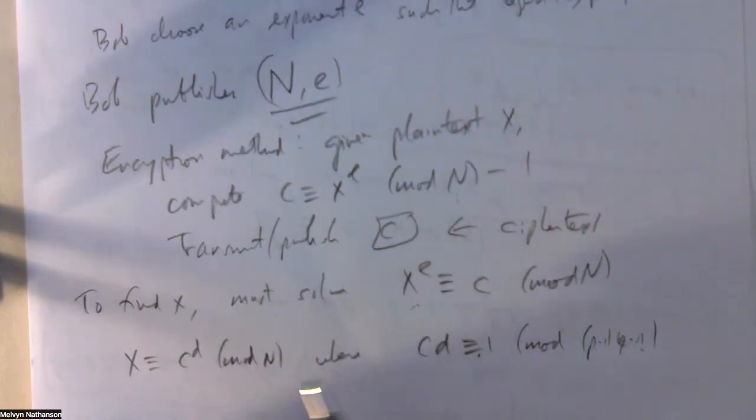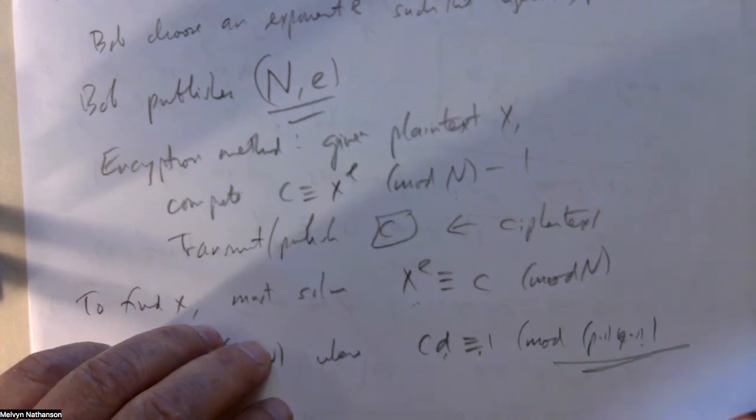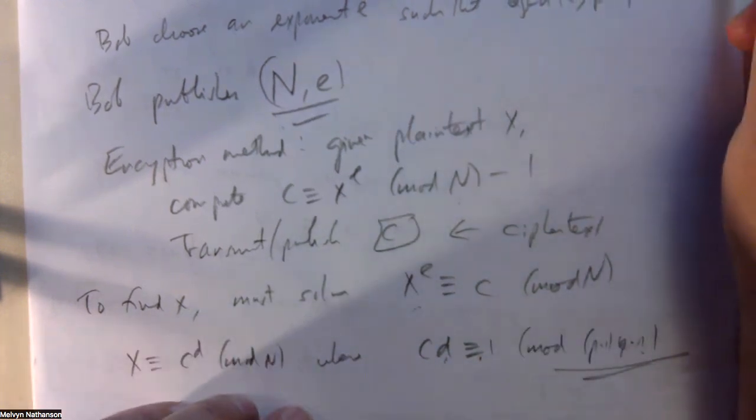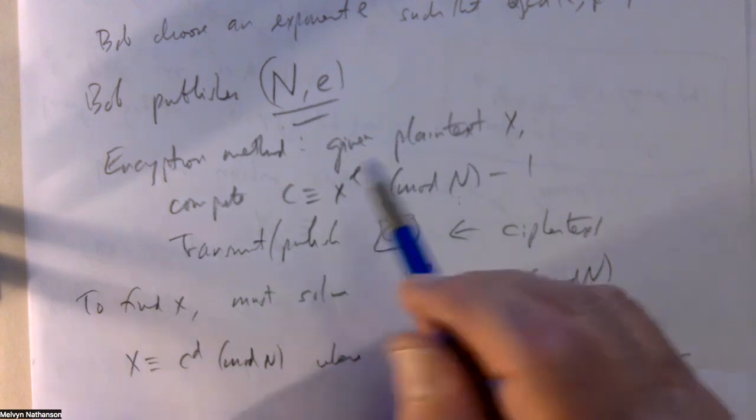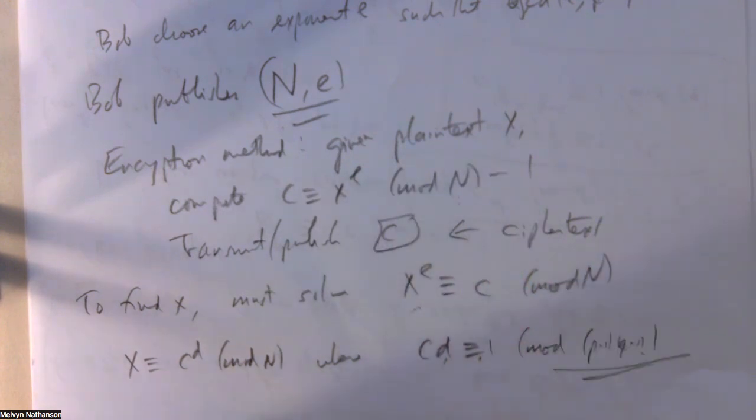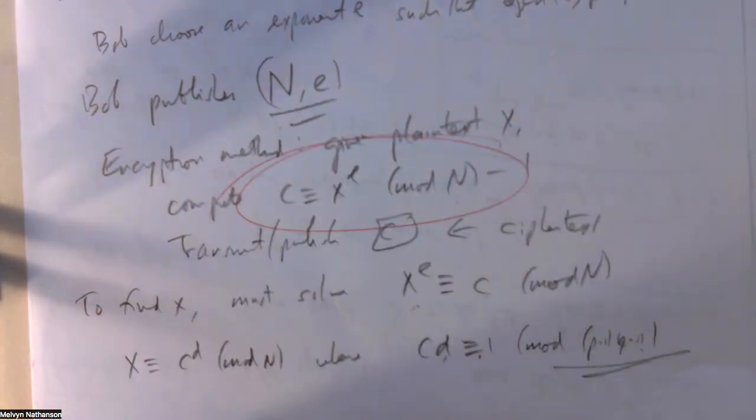So calculating the decryption key, D, depends on factoring n. And I don't know how to factor n. I'm incapable. Everyone in the universe, as far as we know, is incapable of factoring n. So solving this congruence for X can't be done.